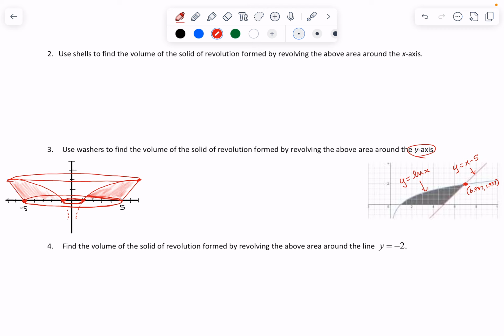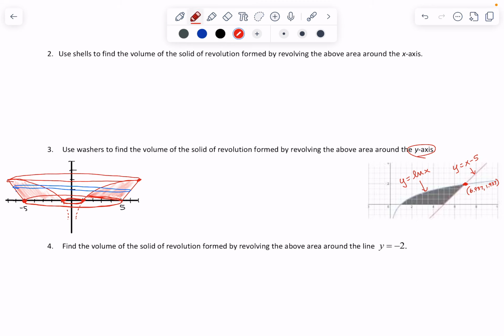And we're going to use washers. So our washer would go across here and look like that.